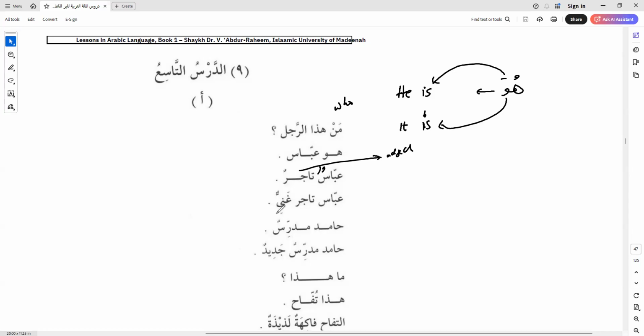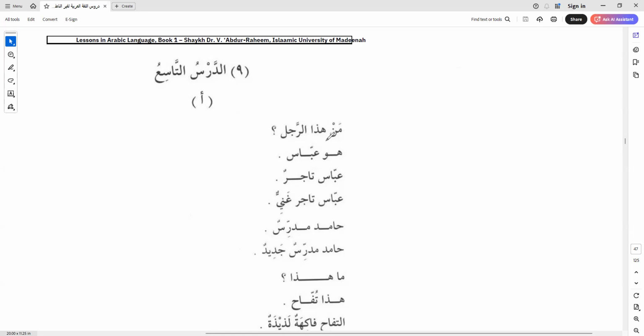Ghaniyyun is another adjective. So adjective one, adjective two, they all follow the same concept. When we say something is ghaniyyun, it means the person is rich. Rich. So this is an adjective of quality or status.